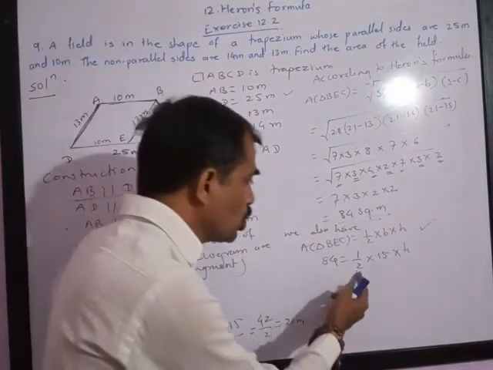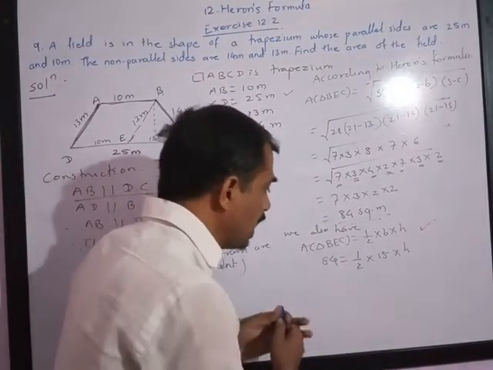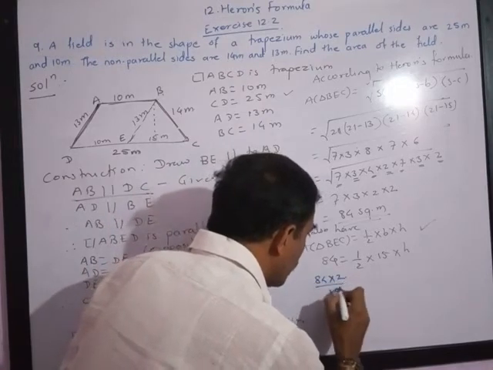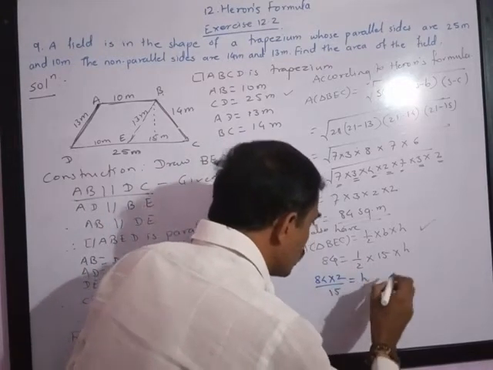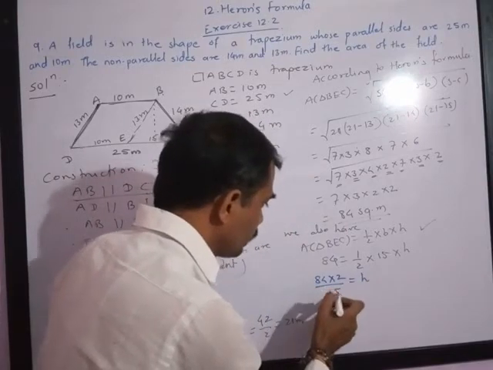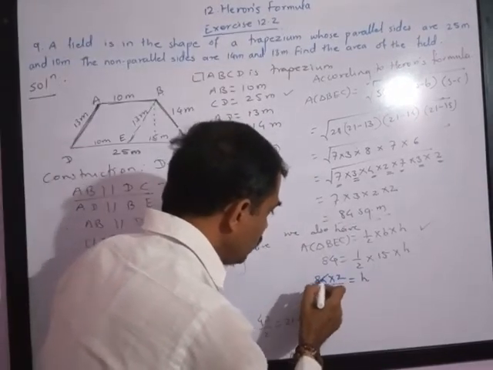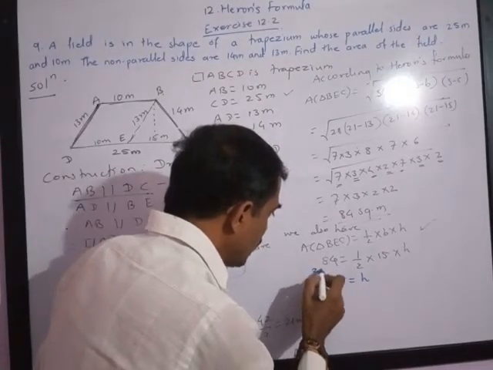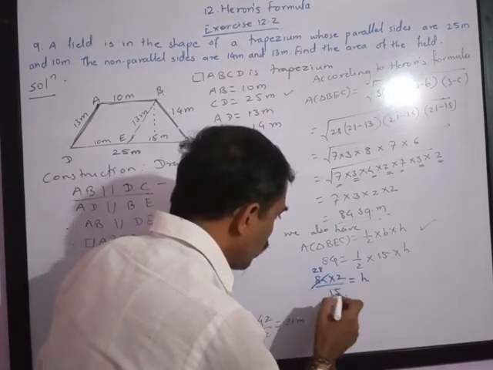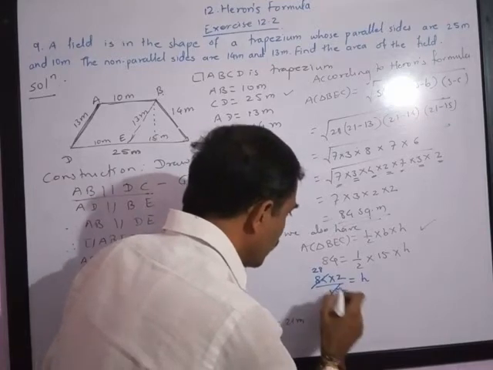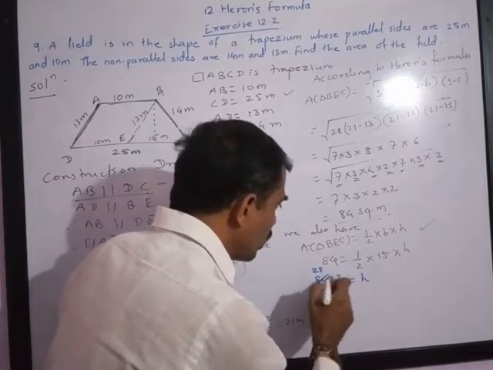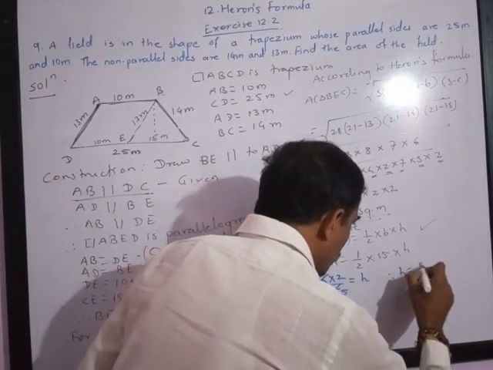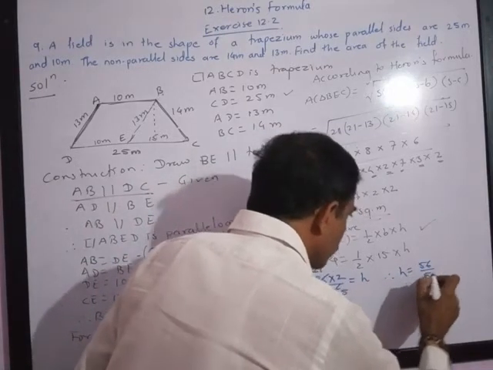If you transpose 2 to this side and 15 to this side, you will get h is equal to 84 multiplied by 2 upon 15. 3 2s are 6, 3 8s are 24, 3 5s are 15. So this is equal to 56 upon 5. Therefore h is equal to 56 upon 5.